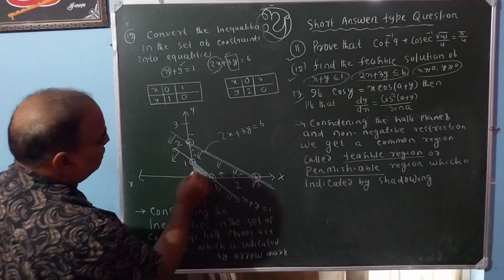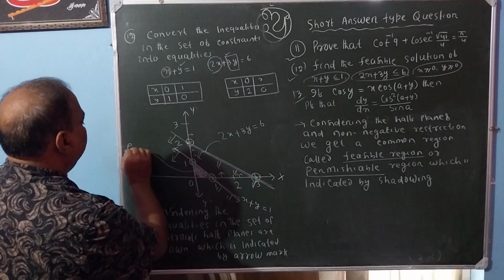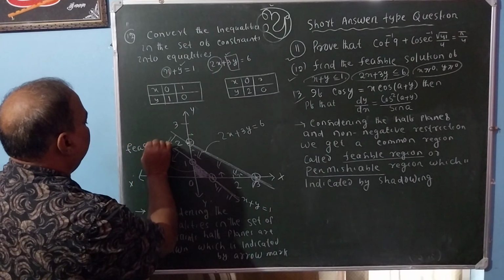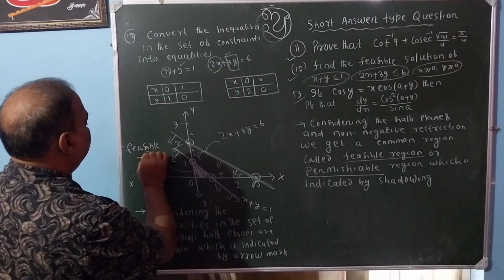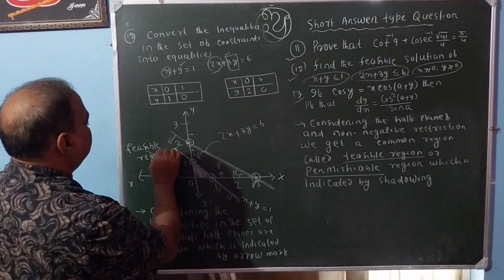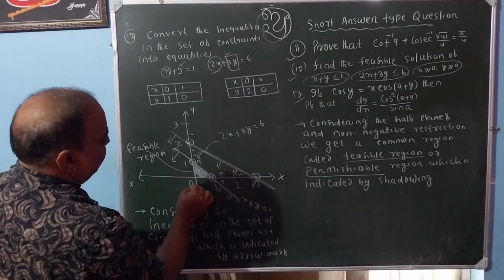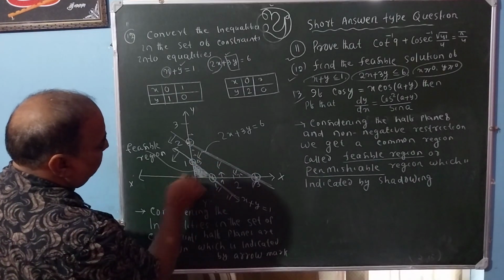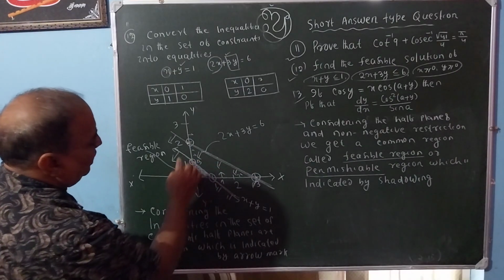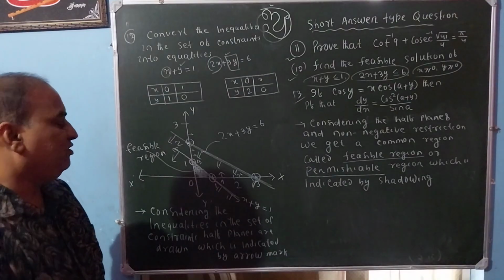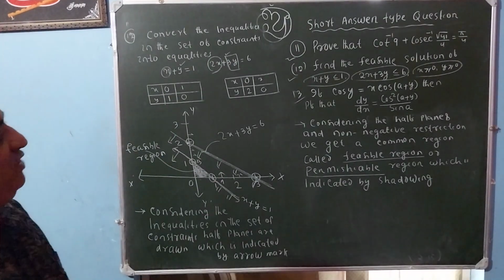This is the feasible region. It is A, it is B, it is O. This triangle OAB forms the feasible region of the given LPP.